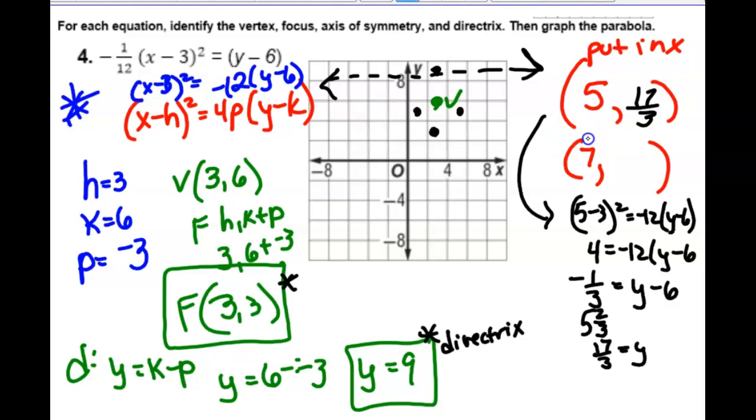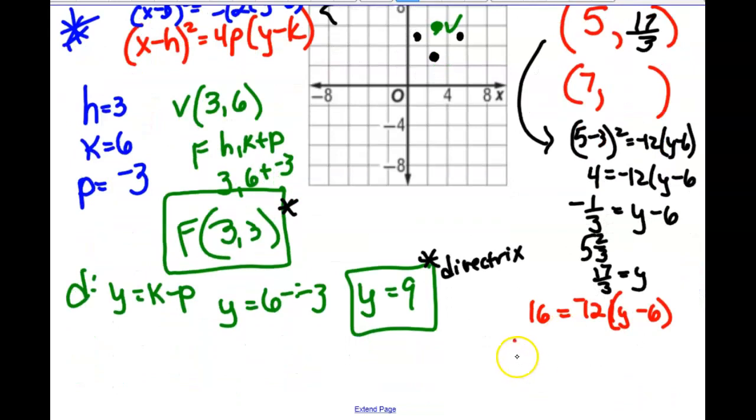Can we do 7? If I put in a 7 here, I'll have 7 minus 3 is 4, squared is 16, equals negative 12. Sorry, the p was y minus 6. Okay, this is not coming out nice either. What is 16 divided by negative 12? What, negative 1.25 or something? 1.3? Okay.